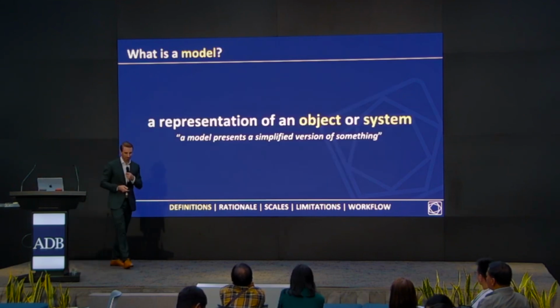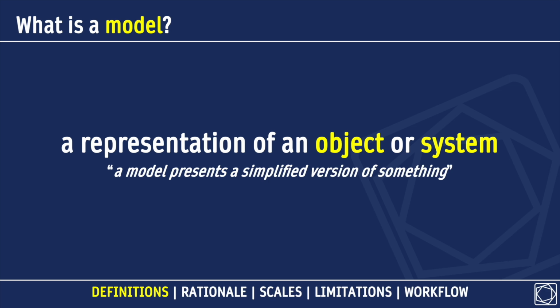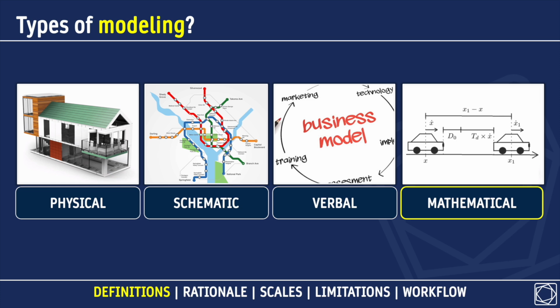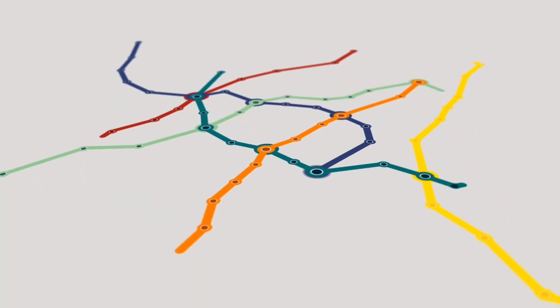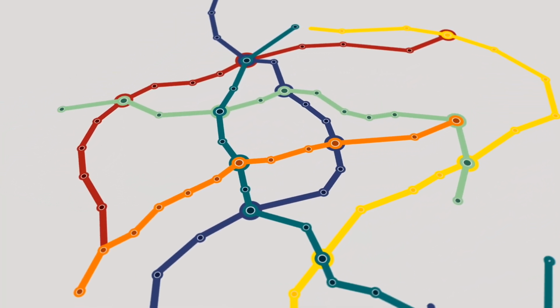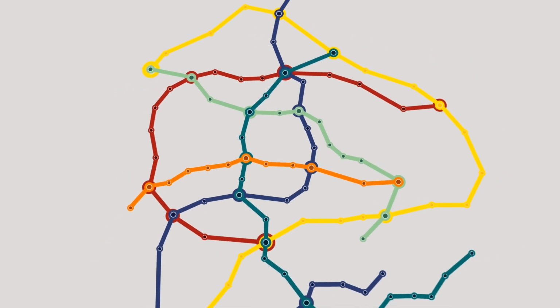And with certain inputs, you can derive certain outputs, and it's very similar principles, but applied to the transport sector. And so essentially a model is a representation of an object or a system. It's a simplified version of something. And again, you've seen these before. An architect will work with physical models, a scaled down version of something. A transport planner works with schematic maps that are a representation of reality, but they're not to scale.